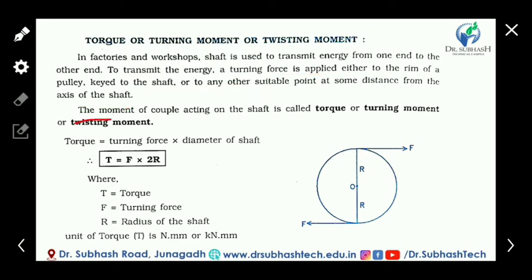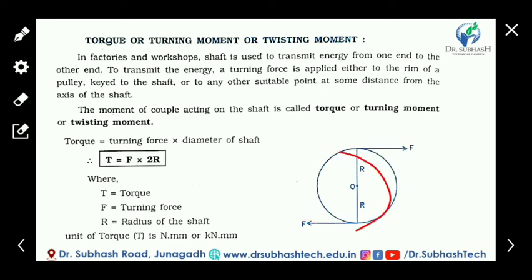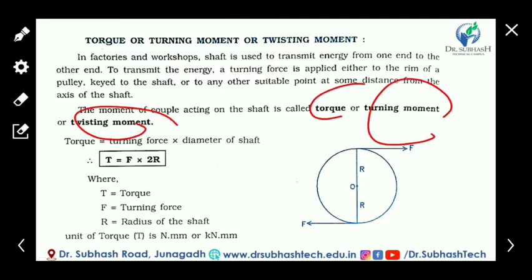The moment of couple acting on the shaft is called the torque, turning moment or twisting moment. These two forces are twisting this shaft in the clockwise direction. Then this moment of the couple is called the torque, twisting moment or turning moment.